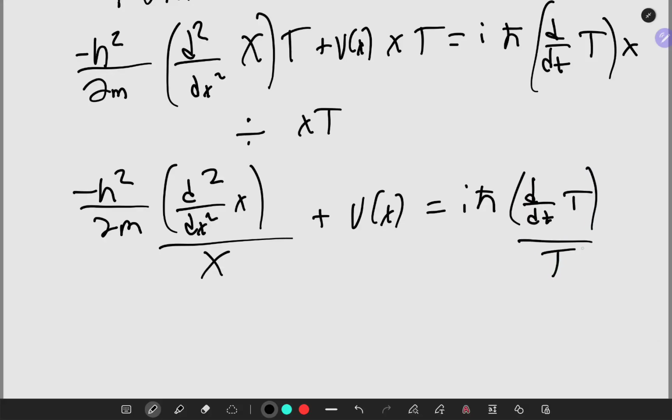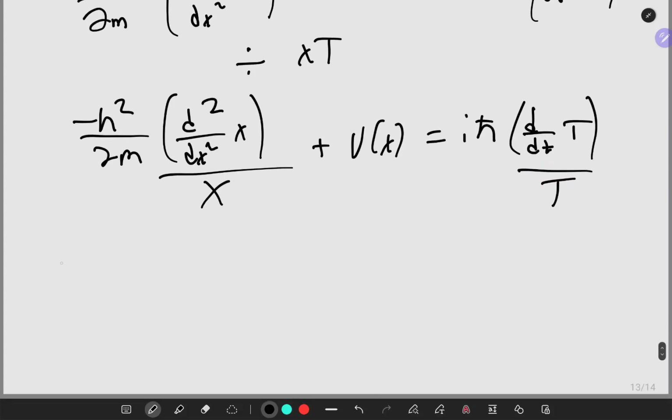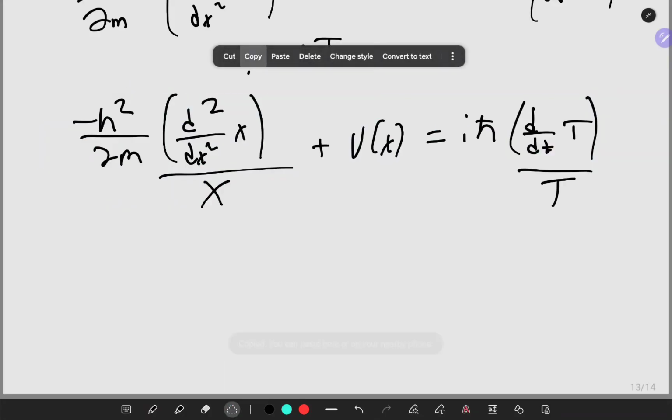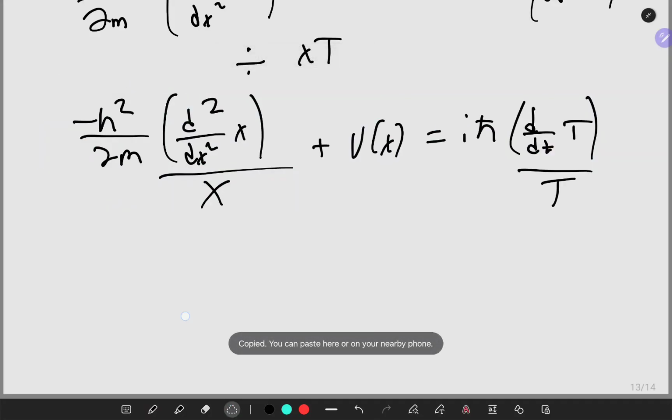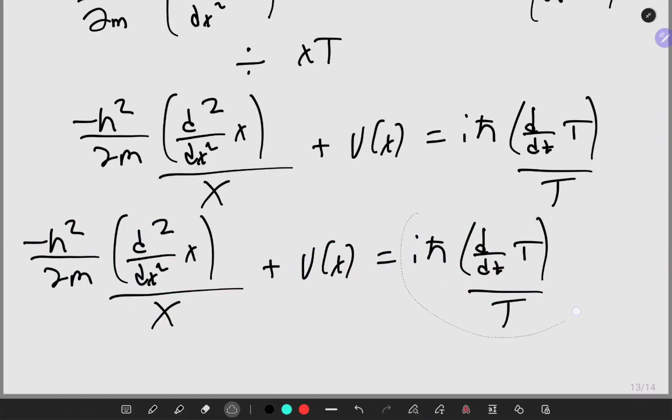Over T. So then we add our separation constant. I'm just going to copy. I'm not writing that again. We add our separation constant.